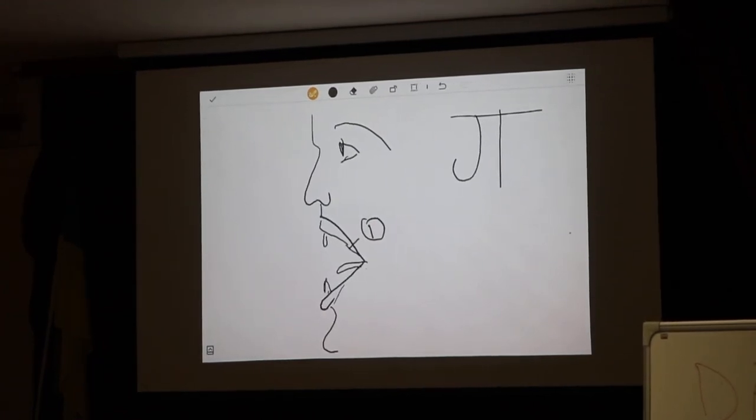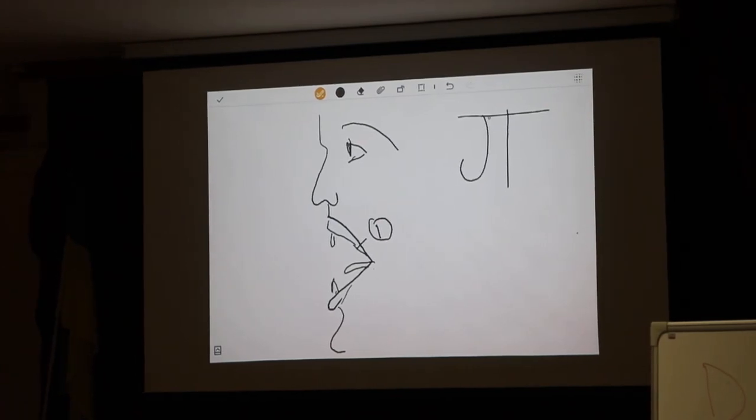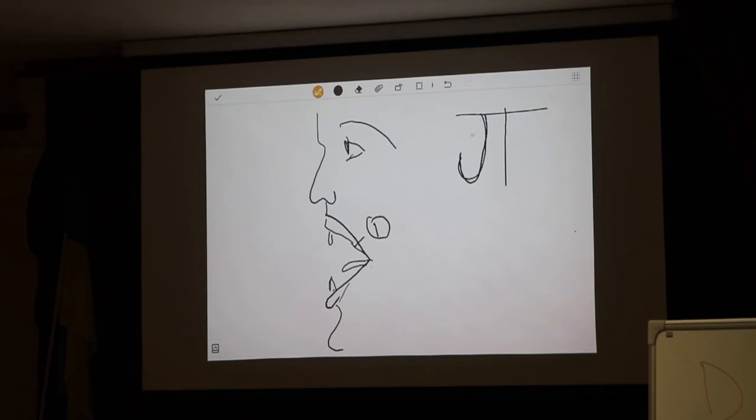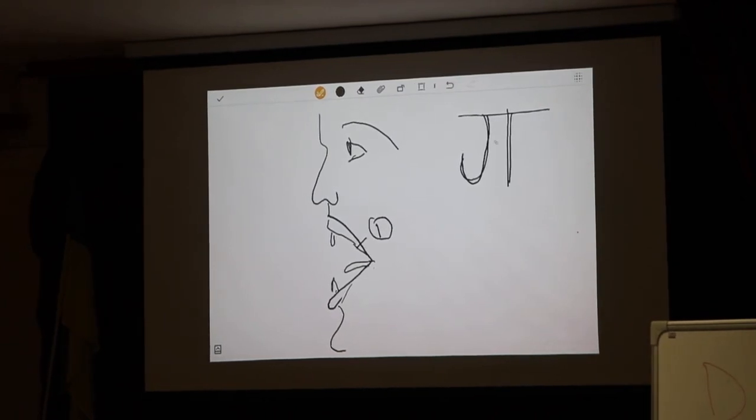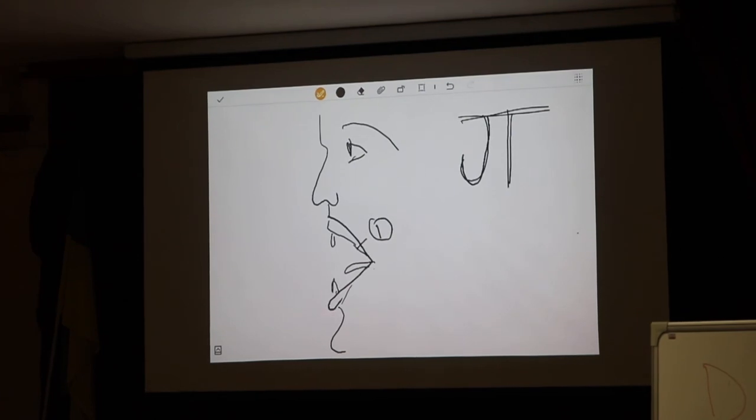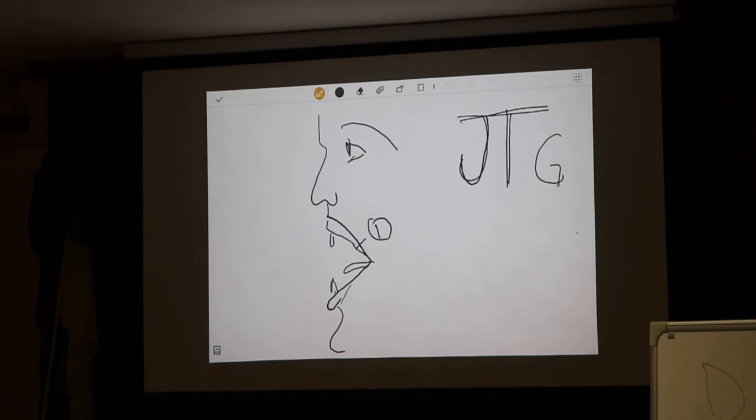I'll make the movement once again. Please watch the movement. G, which is equivalent to the English G. The sound is the same as in English G, or the Russian and Ukrainian G.